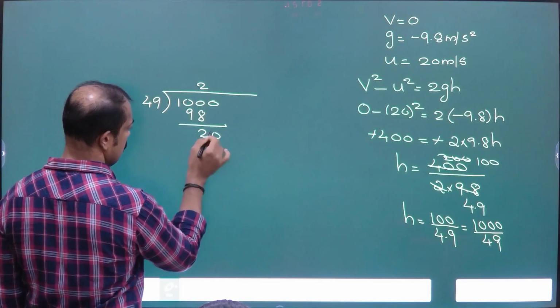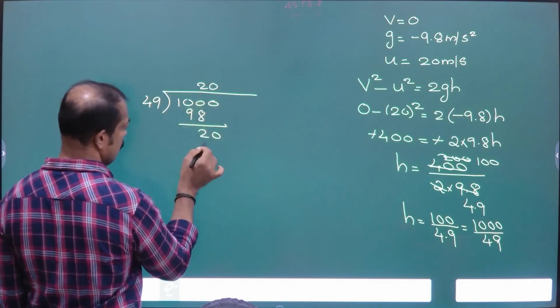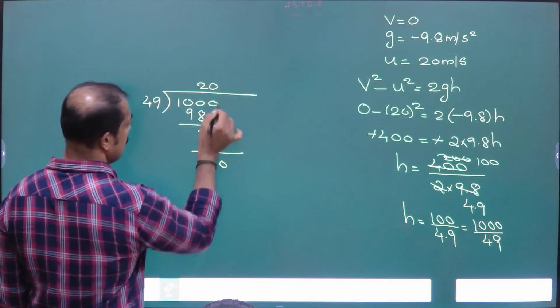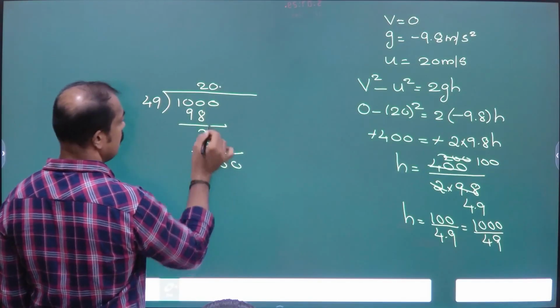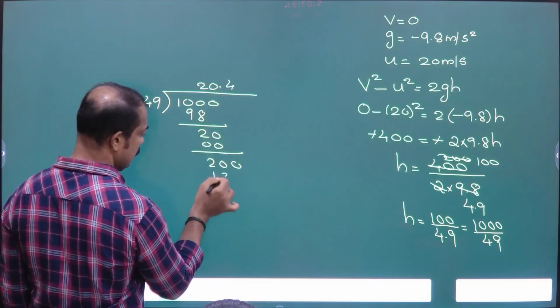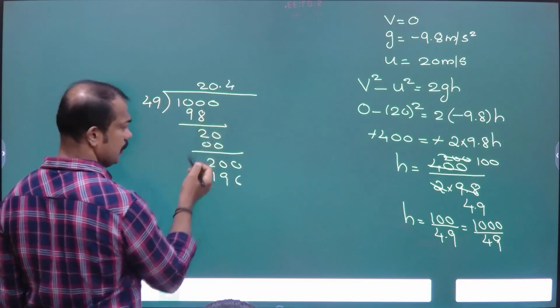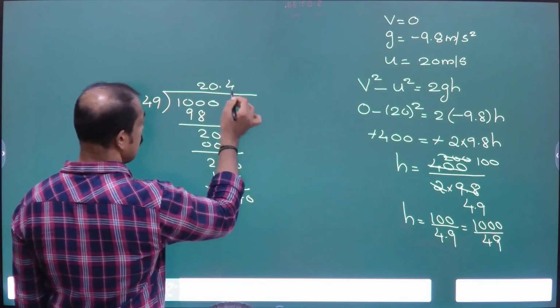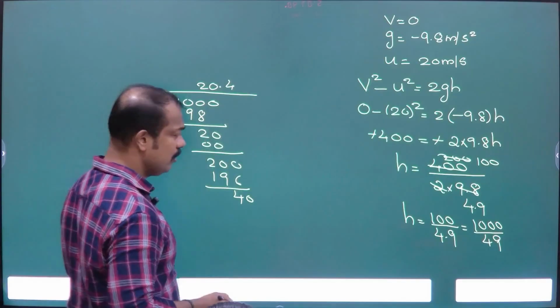Here it is 20. नहीं जाएगा तो 0, फिर आएगा 20 डेसिमल 200. 200 में 4 196 है ना. 49 4 196. 40 में नहीं जाएगा तो 0 आएगा, approximately 20.4.